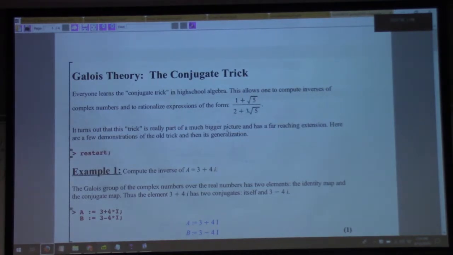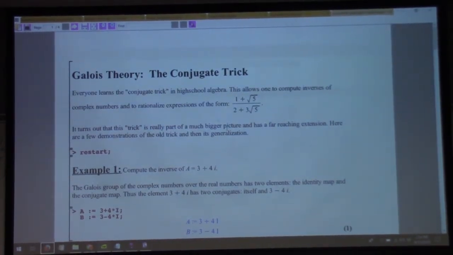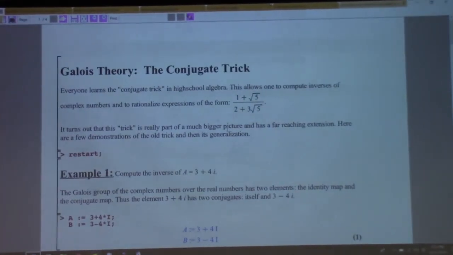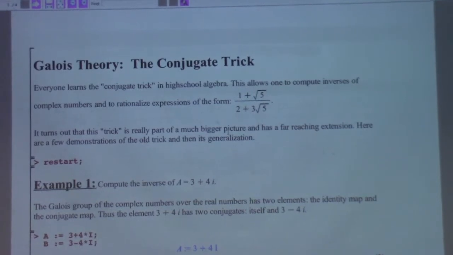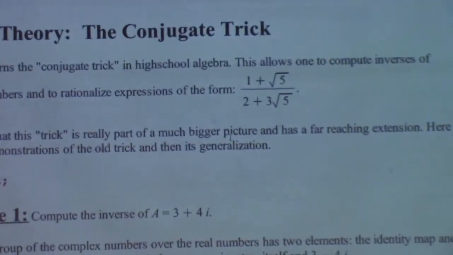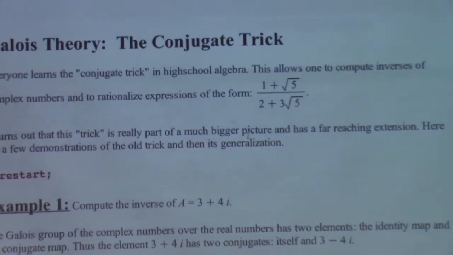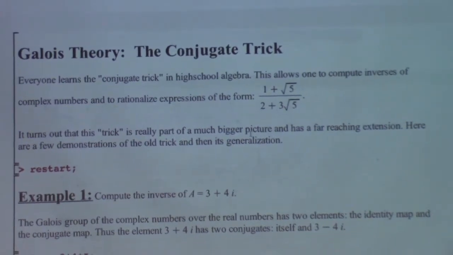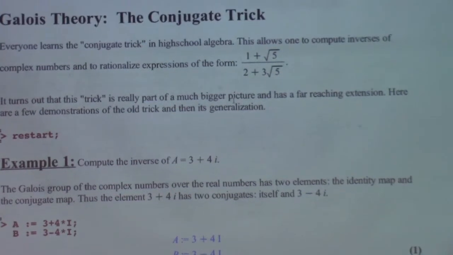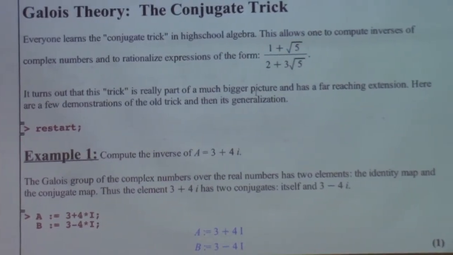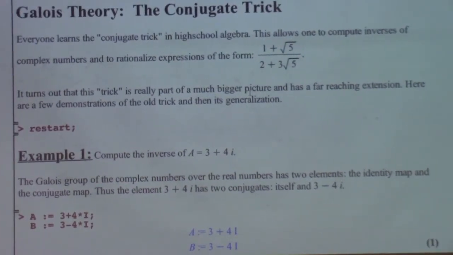So this is a PDF that my brother prepared when he taught Galois theory a couple of years ago. What he does in here is really interesting. He shows how you can generalize the rationalize-the-denominator trick that we teach everybody in high school algebra to rationalizing a cubic in the denominator using Galois theory. Let's see how it goes.